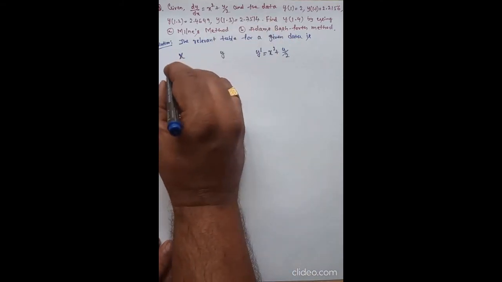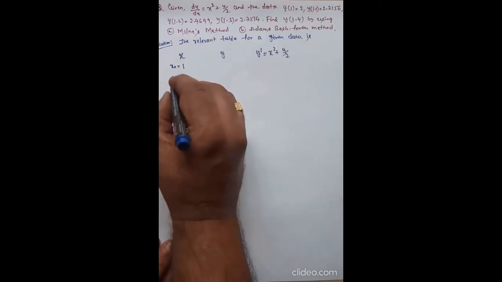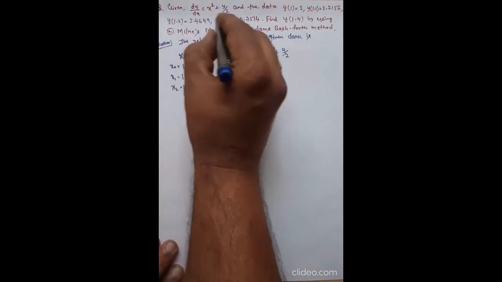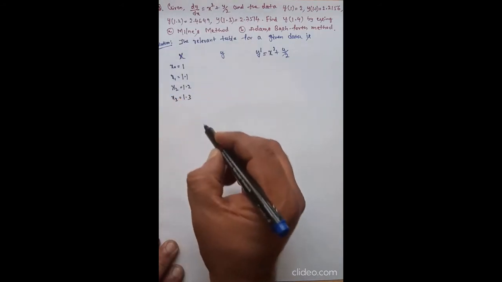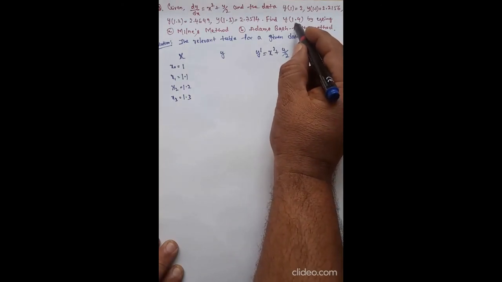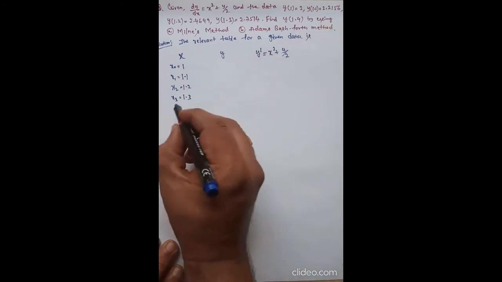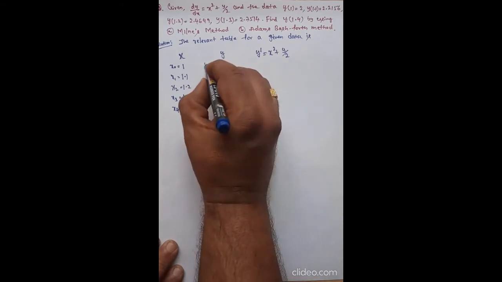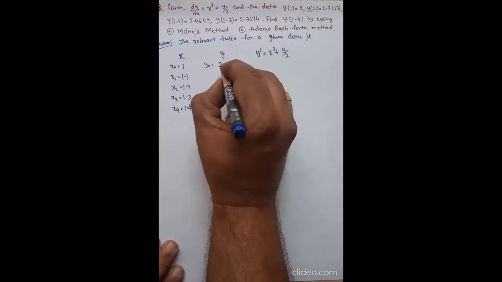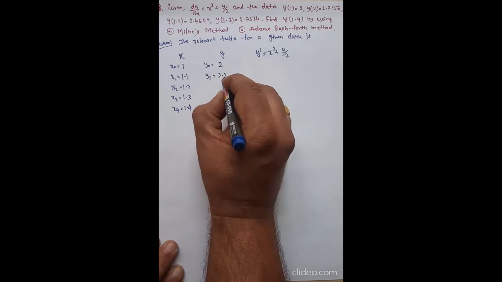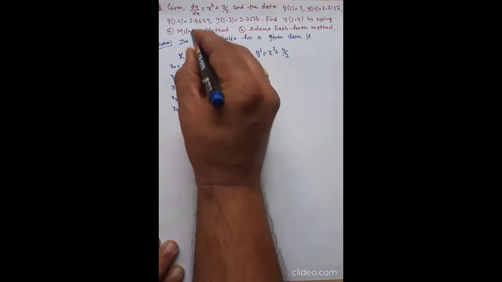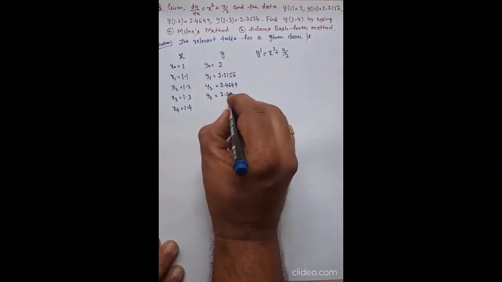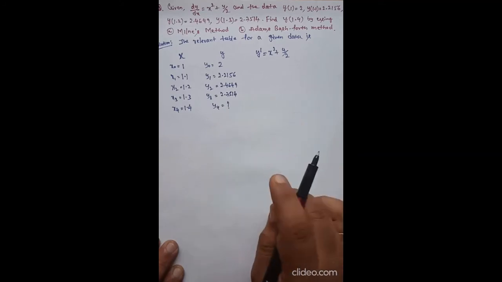So I'll take x naught equals 1, then x1 equals 1.1, x2 equals 1.2, x3 equals 1.3, and you have one more value of x, that is the point where I want to find the final solution, that I will take as x4. x4 is 1.4, and the corresponding y values are, y naught is 2, y1 is 2.2156, y2 is equal to 2.4649, y3 equals 2.7514, and y4 is unknown, we need to calculate.